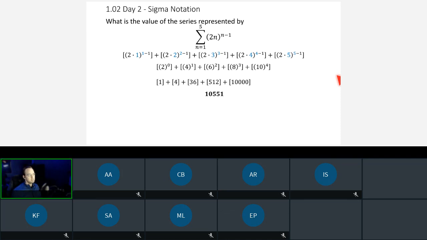Someone said they got 10,553 in Desmos. Did I mistype it? Someone else confirm that I'm right or wrong. Type it in, people.